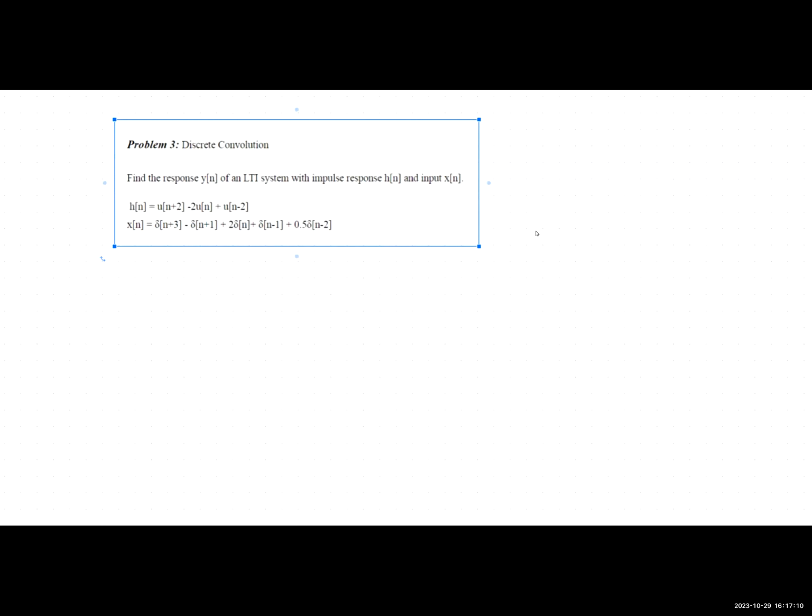I think personally that kind of helps you visualize things. The next step would be to express x, if it's not already, in the form of scaled and shifted deltas.